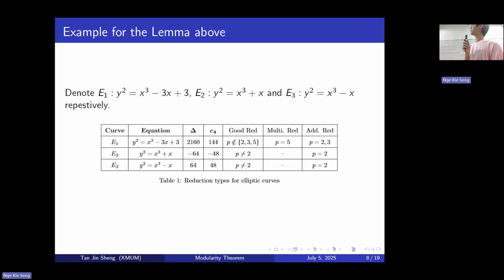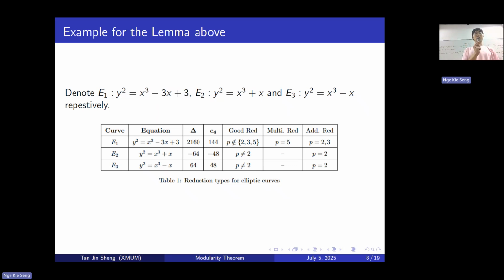Now we give examples for the previous lemma. We denote E1, E2, E3 as the different properties we have shown before. The first curve is a smooth curve. The second has a node, and the third curve has a cusp. So we just calculate its discriminant and C4 and get when they have the good reduction, multiplicative reduction, and additive reduction.